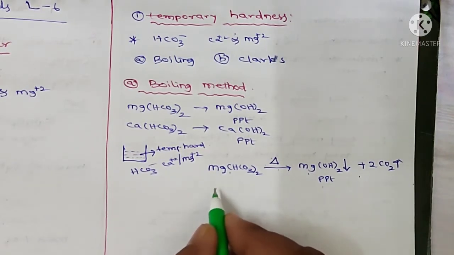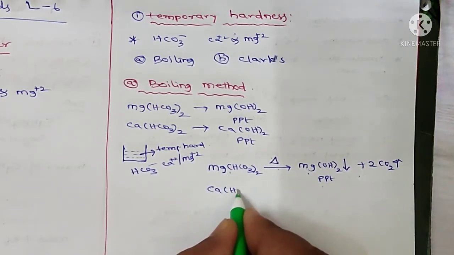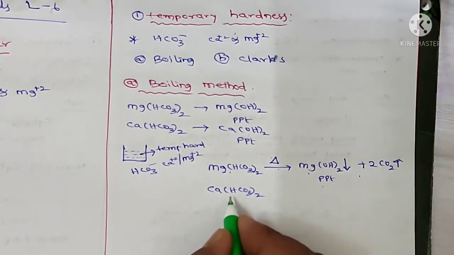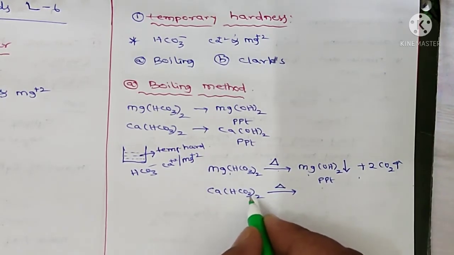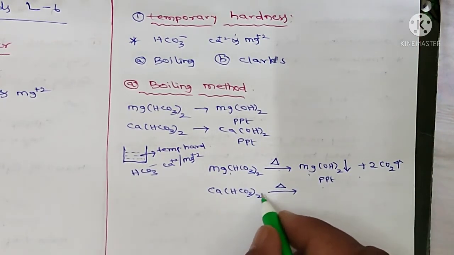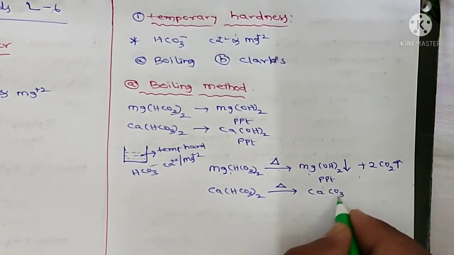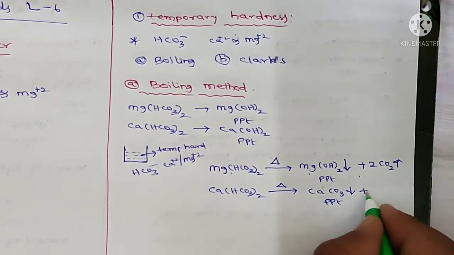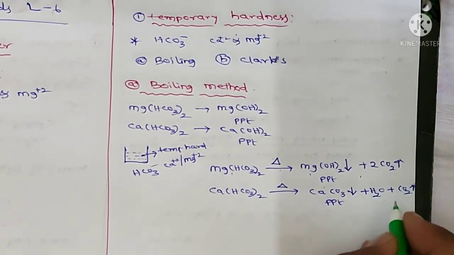Next one, if that water has calcium bicarbonates, then the water is called temporary hard water. On heating, that temporary hard water is converted into soft water. If you heat that temporary hard water, then it will give calcium carbonate, which is a PPT, plus H2O and plus carbon dioxide.